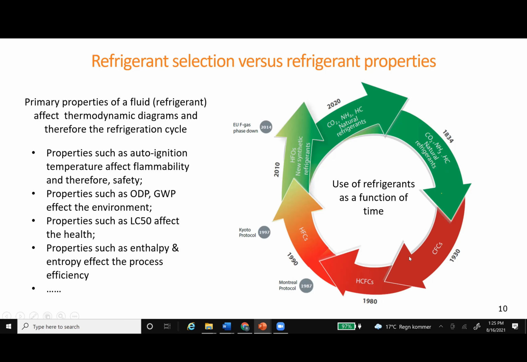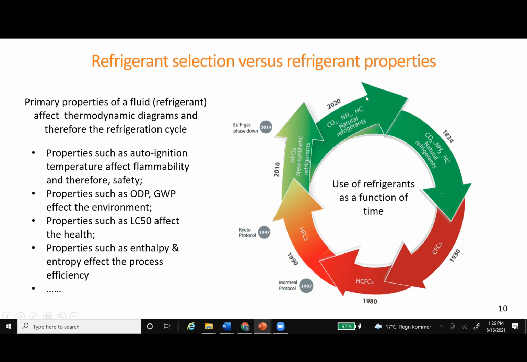And so a magic refrigerant was found, which was the CFCs in 1930s. But as we all know now, they turned out to be not so magical because they had high ozone depletion and global warming. And since then, people have been trying to keep the good properties of the natural refrigerants, but remove the bad properties by adding a hydrogen, removing the chlorine, keeping the hydrogen, fluorine, and adding oxygen.